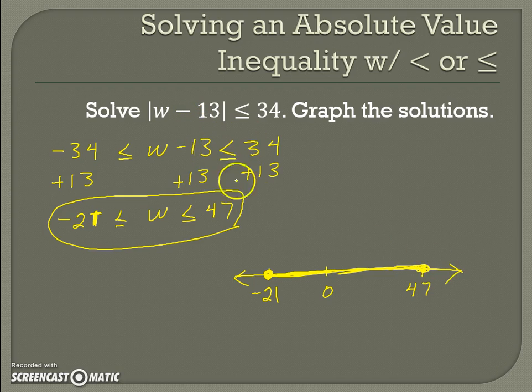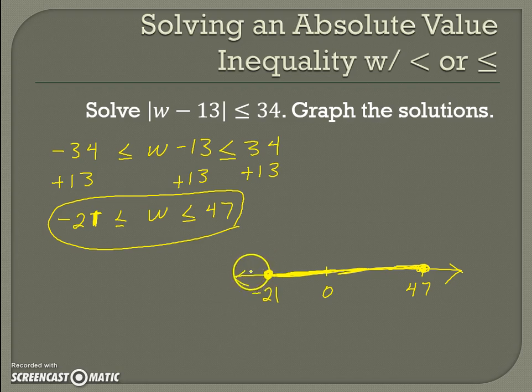So let's go ahead and try a couple of them. Let's try 0 since that's the easiest. If I put in 0, 0 minus 13 is negative 13, but the absolute value of negative 13 is positive 13, which is less than or equal to 34. I could put in 2. 2 minus 13 is negative 11. Absolute value is still less than or equal to 34.